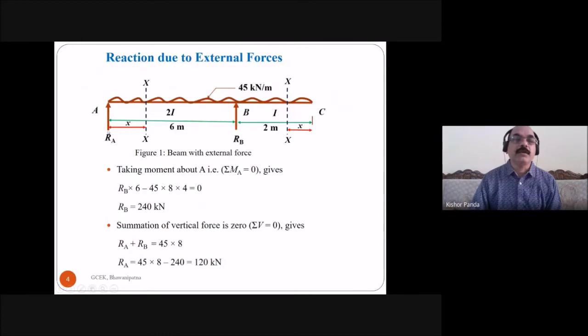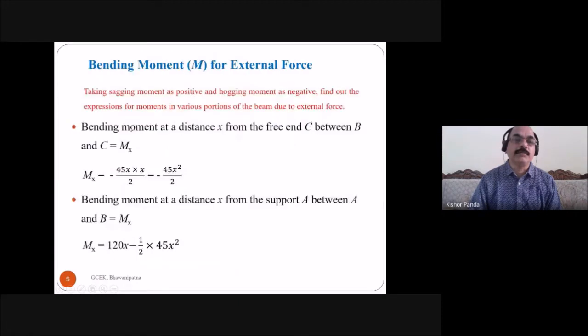Similarly, take a section at a distance x from the support A and find out what is the moment here. So this is the reaction. The moment due to this reaction is RA into x, and the moment due to this UDL is 45 into x by 2. But this side is clockwise positive, and this is anticlockwise, which is negative.